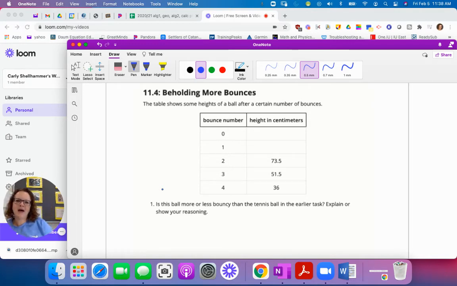The table shows some heights of a ball after a certain number of bounces. Is the ball more or less bouncy than the tennis ball in the earlier task? Explain your reasoning. Well, let's do the division. Let's find out the factor. So we're getting smaller. So I want to do my division, 51.5 over 73.5. 51.5 divided by 73.5 is 0.70.